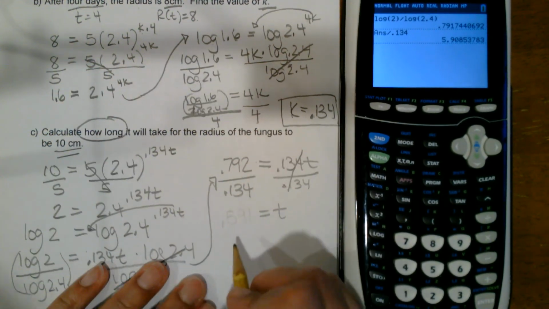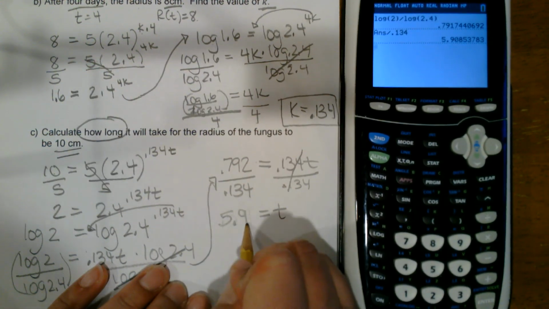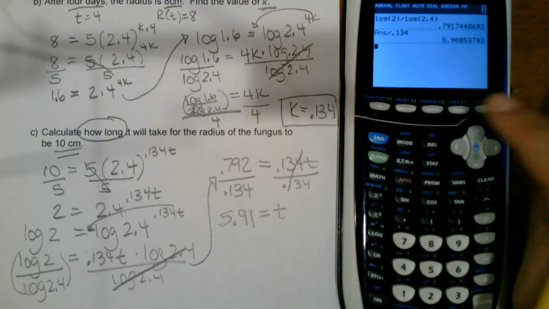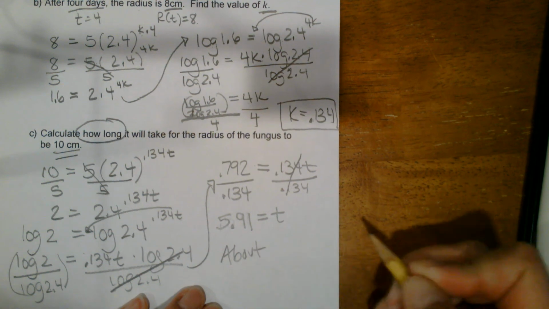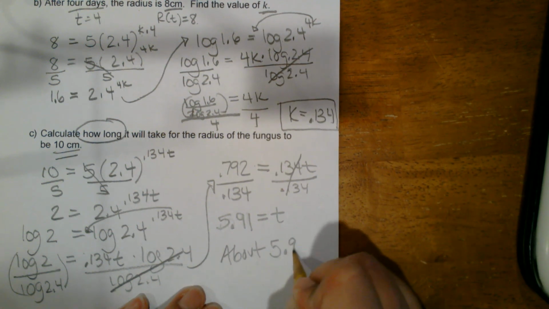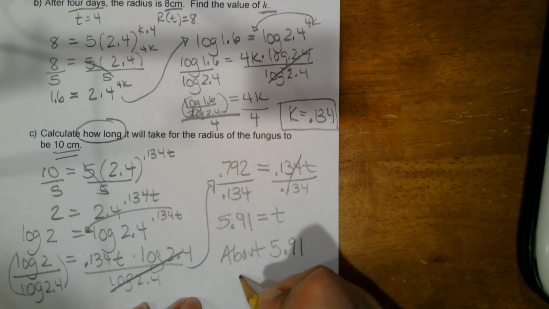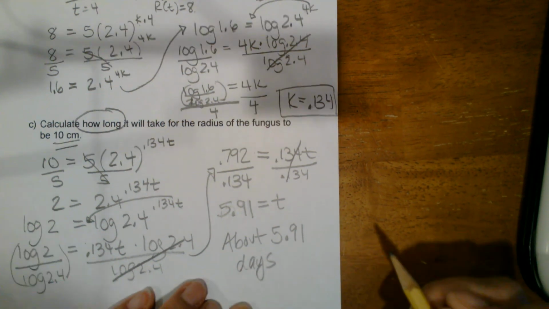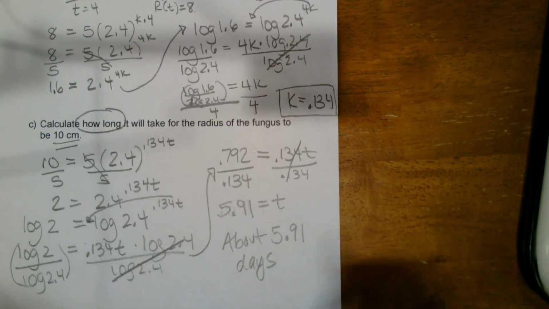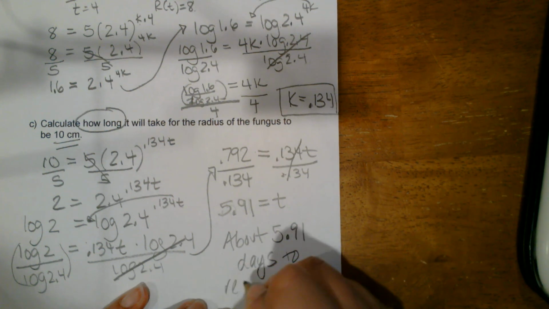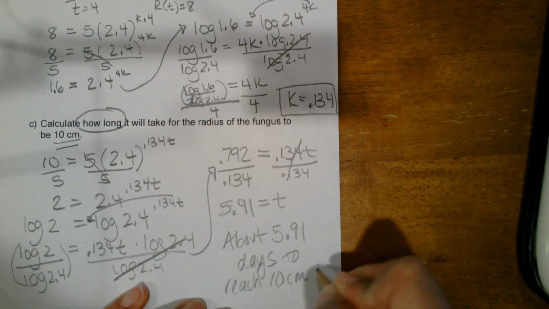What did I do? I missed the decimal. It's 5.91. That's much better. So about 5.91 days, and you could say about 6 days if you'd like to round it. I'd go 3 decimal places, everybody, to reach 10 centimeters.